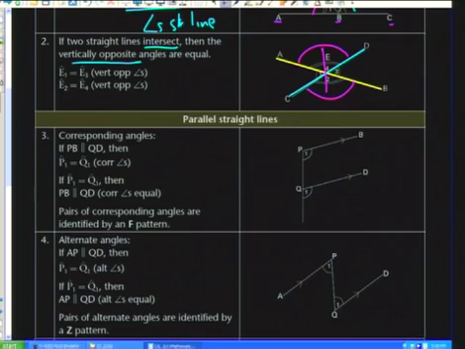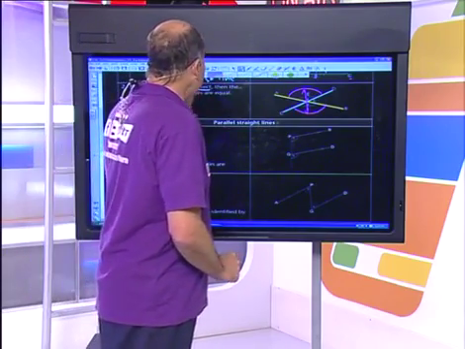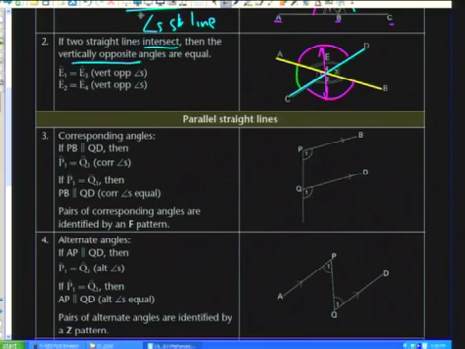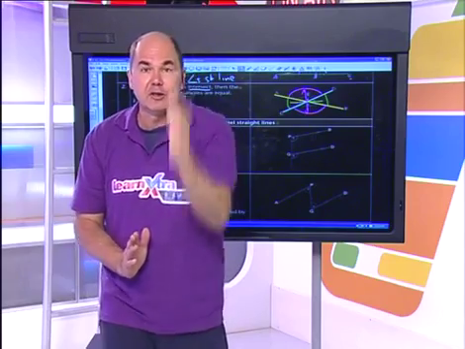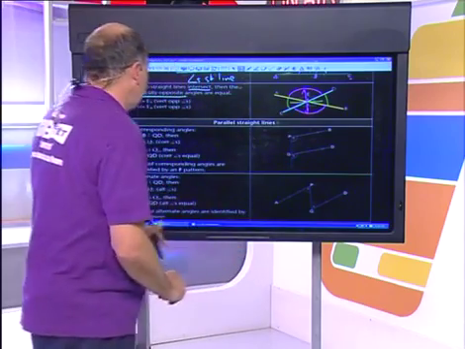It's vertically opposite angle 2. Angle 4 and angle 2 are opposite each other, vertically opposite, and they're equal to each other. Can you see that in addition, angle 1 and angle 3 are vertically opposite? So they don't have to be vertically opposite only in the vertical plane. They can be vertically opposite in the horizontal plane as well.